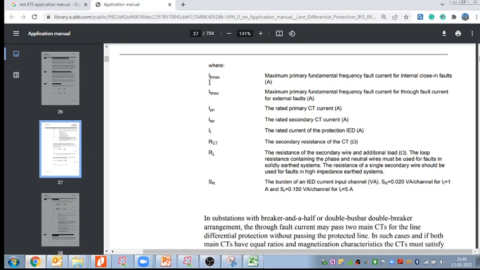So IK max, no need to explain. This is clear. IT max, maximum primary fundamental frequency. Please forget about this tough word, primary fundamental frequency. Delete all this. The point is that for through fault current, for an external fault, the relay takes two amounts of fault current.